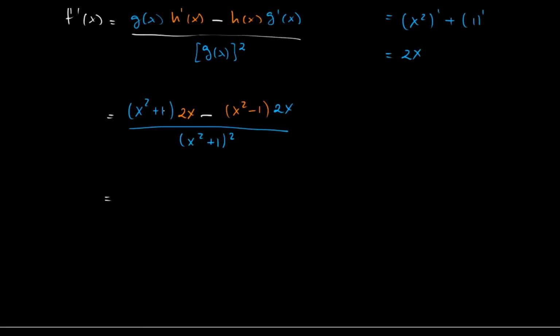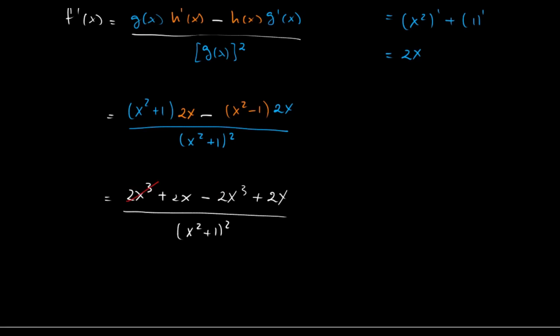Now we can use the distributive law, and this is x squared times 2x is 2x to the power 3, plus 1 times 2x, minus x squared times 2x is 2x to the power 3, and then minus and minus is plus 1 times 2x, divided by x squared plus 1 squared.